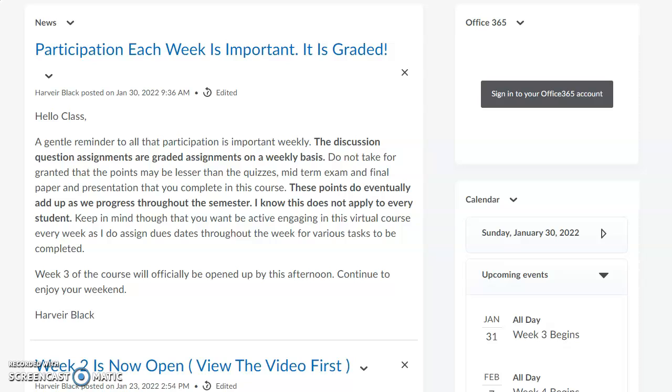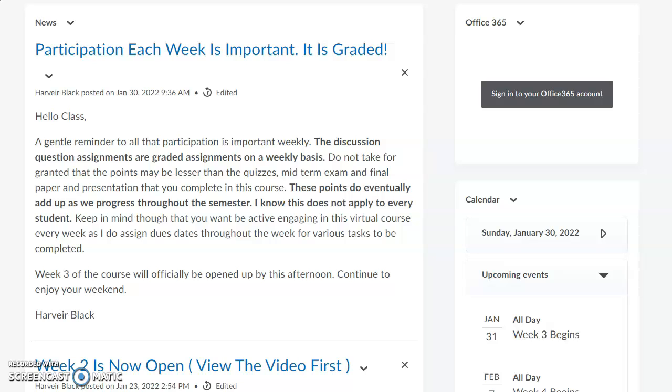That does eventually add up. I know everybody's probably looking at the point structure in terms of how things are graded, and some things within this course are more heavily weighted than others. But the one thing you do not want to do is miss a week when it comes to participating in class.